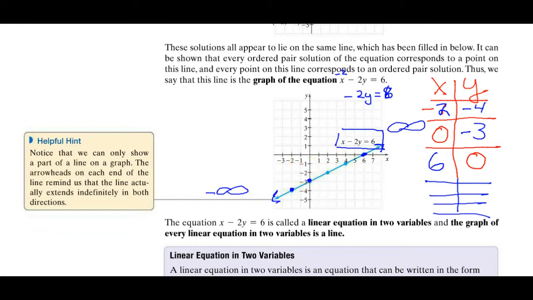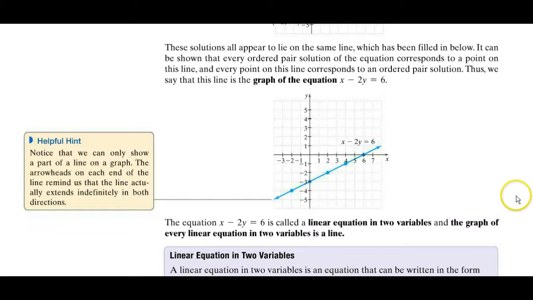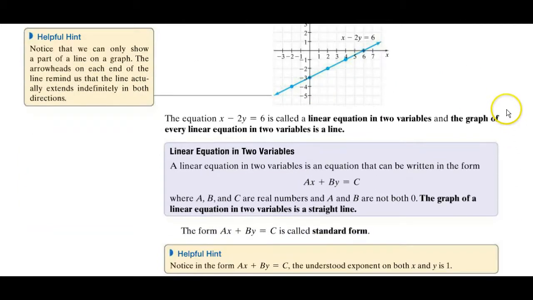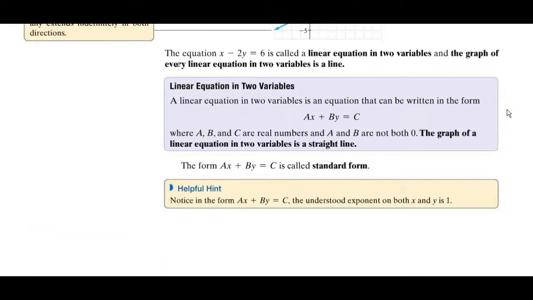Okay, so let's see where they go with the textbook, because I'm anticipating that's what they're going to be doing here. Okay, so there's that first equation we talked about. This is in standard form, and you'll need to memorize that, or again, try to commit it to memory as best you can.